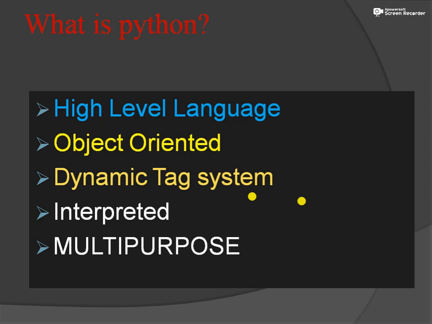Object-oriented. Object-oriented is a programming language model that organizes software design around data or objects rather than functions and logic.